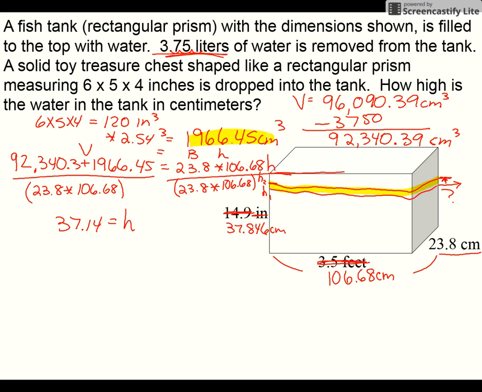Then you can add that height to the height we had before, after you subtract this amount. Those two heights together, the two highlighted areas, would give you the same height also. You get the same amount of 37.14. So the final answer is 37.14, and that's, of course, in centimeters.